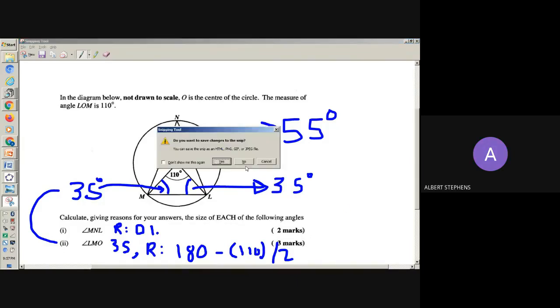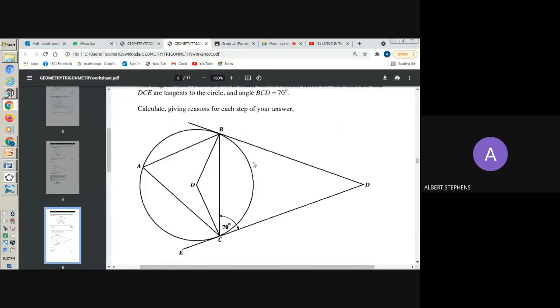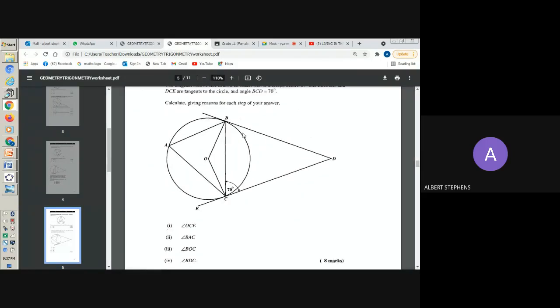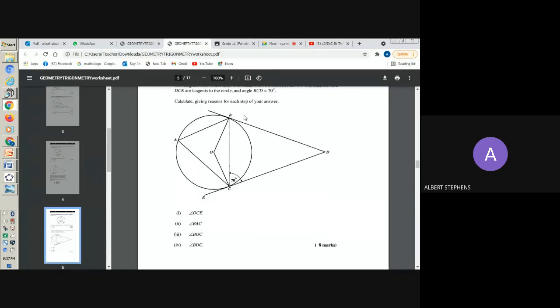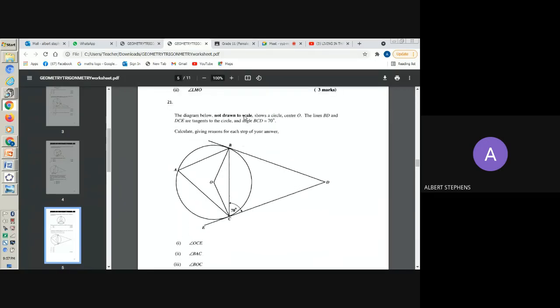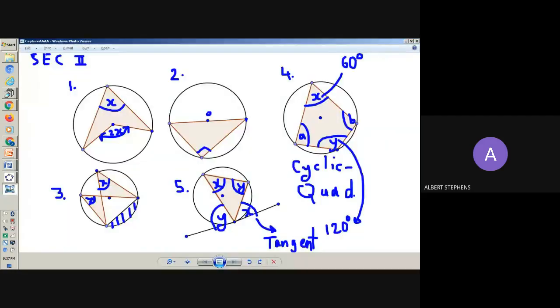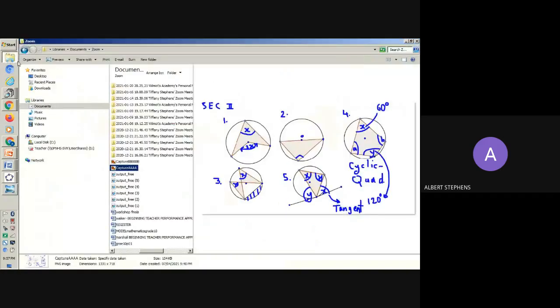Let us move on to something a little bit more interesting. Some people said difficult, but let us look at this. It doesn't look so pretty at all. But what do you notice, class?